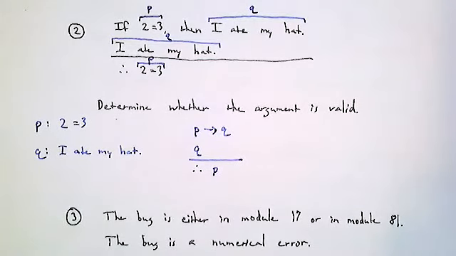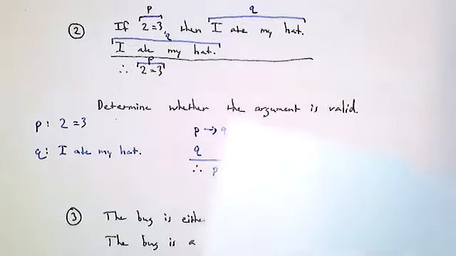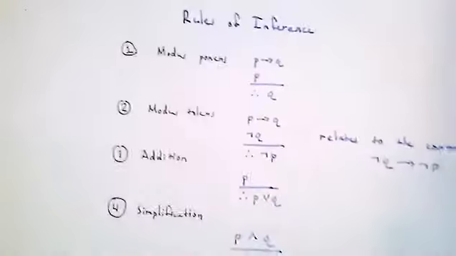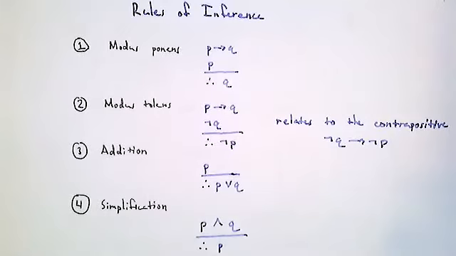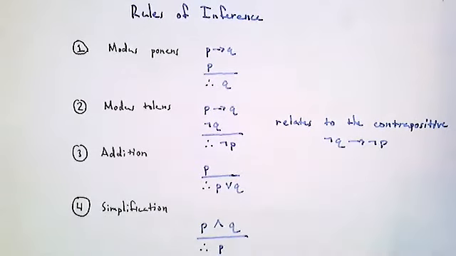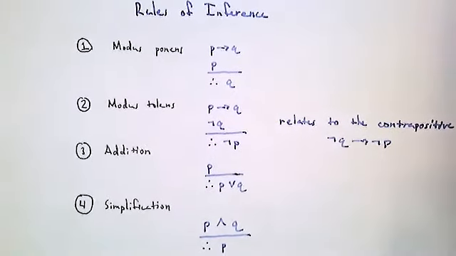Well, if you're not sure, one way to quickly determine if it's valid is to go back to your list of the rules of inference and see if the argument shows up there, if the symbolic argument shows up here. So is this argument one of the rules of inference?